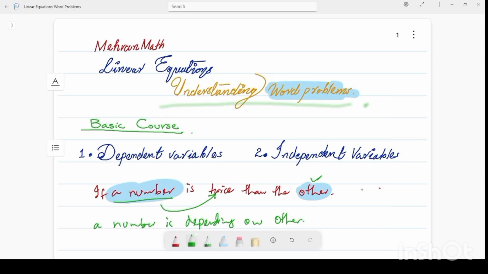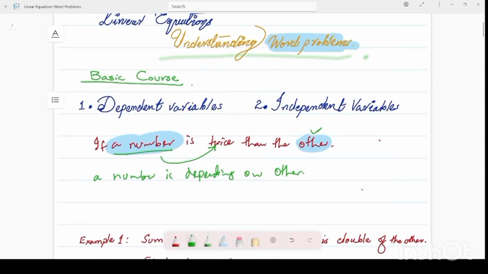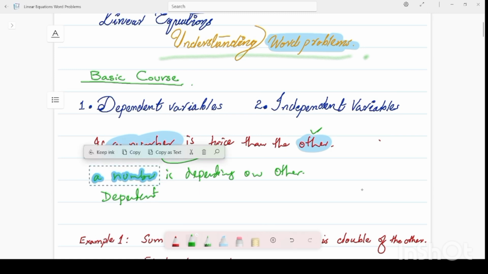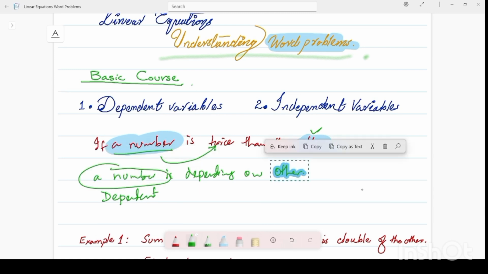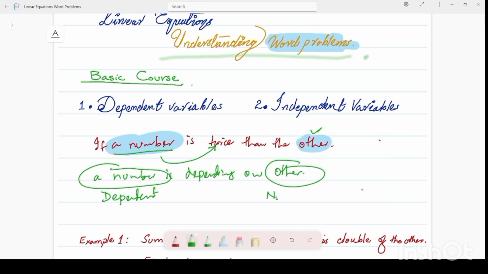So that's why we'll say that this number is dependent. Now if we look at the other number, which is here, it is not depending on anyone. So that's why this is independent.